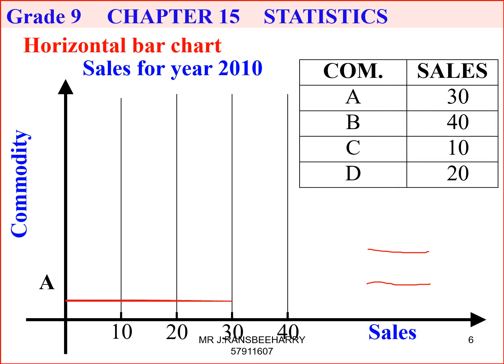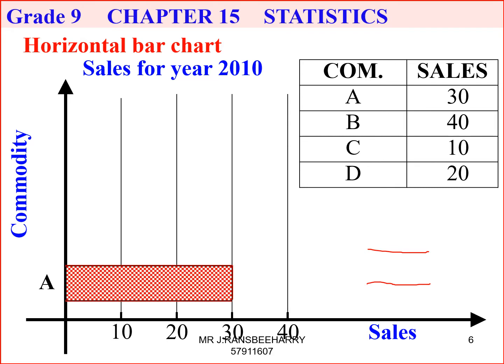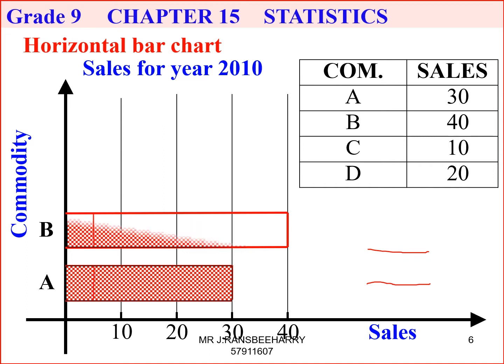So A, 30, so up to 30. Leave a small space. B, 40. So B, up to 40. The widths are the same. C, we leave a small space.